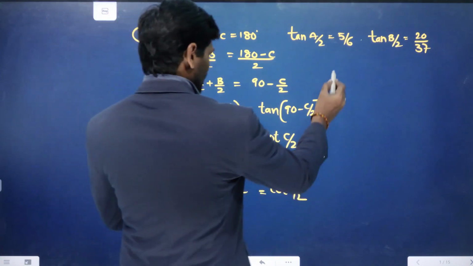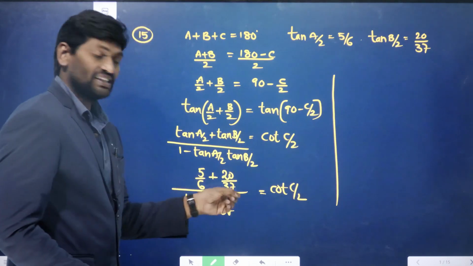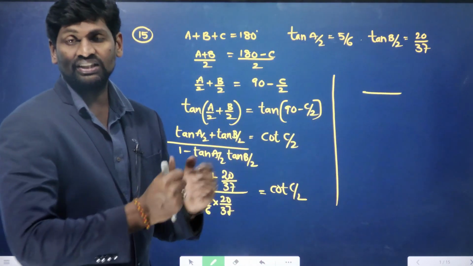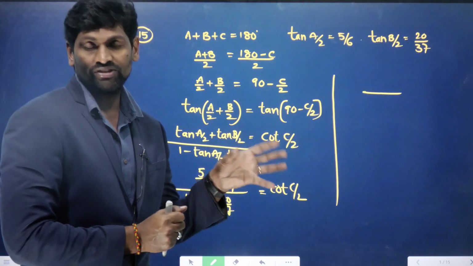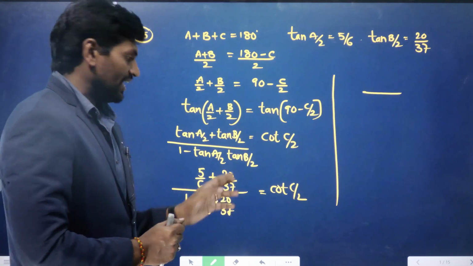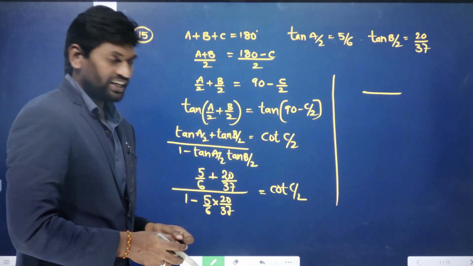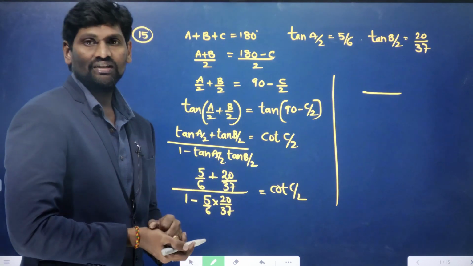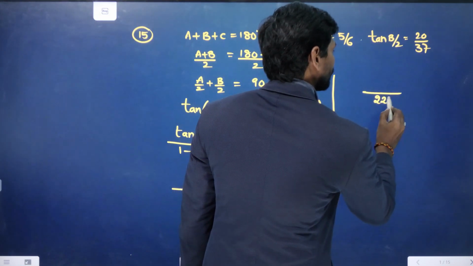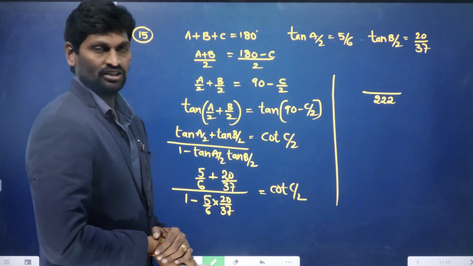Let us see this. 6 and 37: 37 is a prime number, so the LCM of 6 and 37 will be its product, 6 into 37. 6 × 30 is 180, 6 × 7 is 42, 180 + 42 is 222.